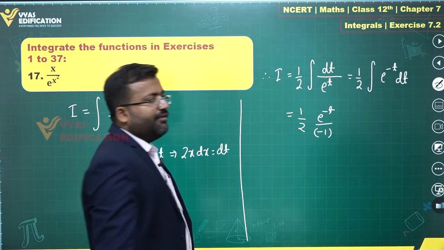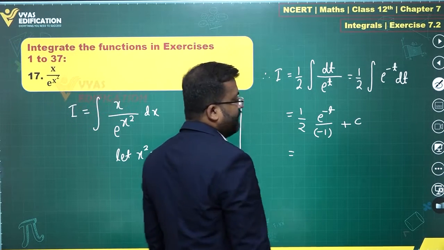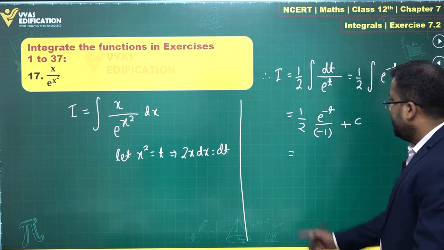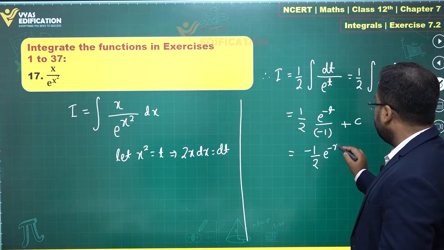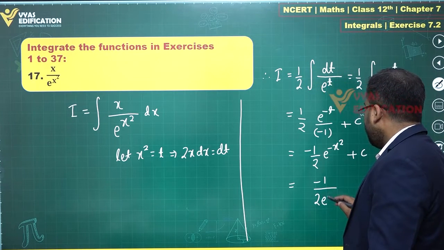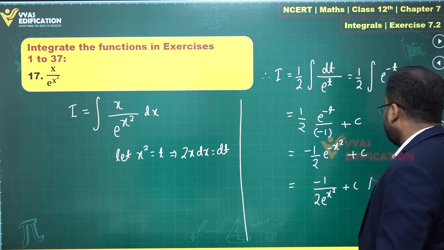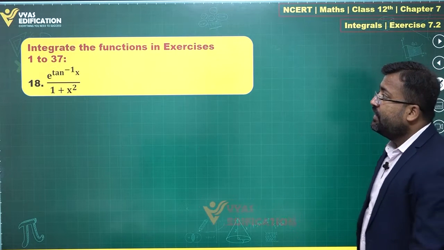You have to divide by the coefficient of that t, right? So what will this be equal to? This is minus 1 by 2 e power minus x square plus constant, or you can write it as minus 1 upon 2 e power x square plus constant as the final answer for this 17th question.